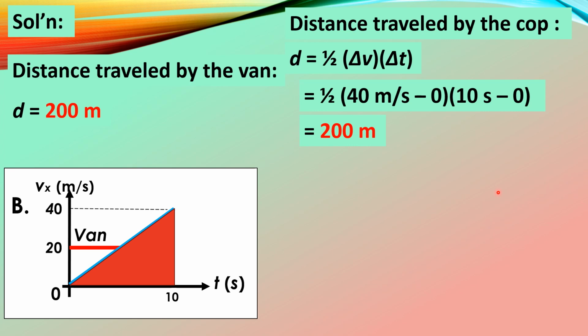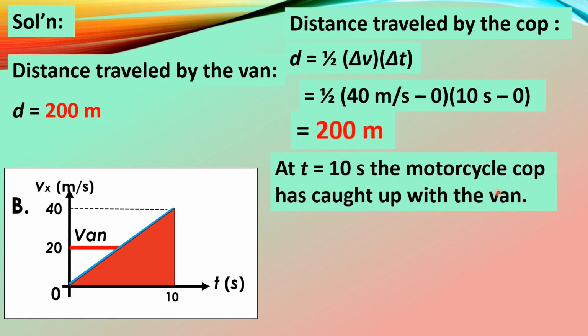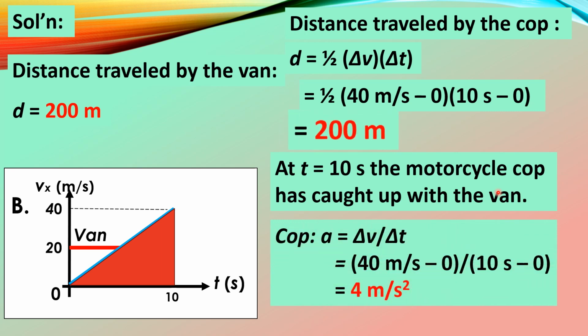From the time the cop started to accelerate from rest with a constant average acceleration equal to 4 meters per second squared. So that acceleration of the cop, as shown here, is determined by just dividing the change in velocity, 40 meters per second minus 0, divided by the time interval 10 seconds.